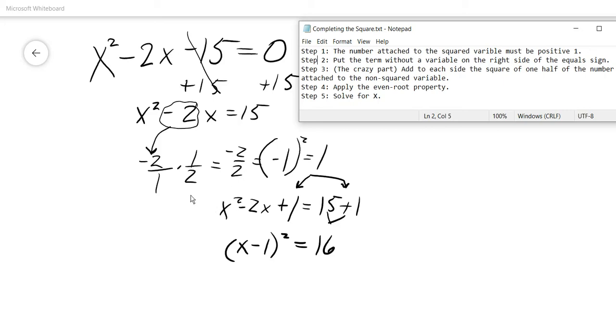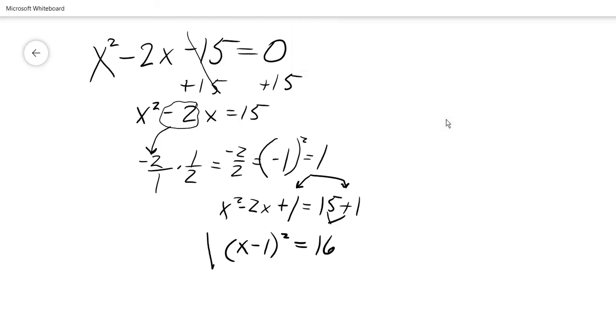Two terms, binomial squared. Even root property, all that means is just take the square root of both sides. The square root of this is what was inside, the x and the negative 1, x minus 1 in parentheses, and they're all under the same radical. They just come straight out.